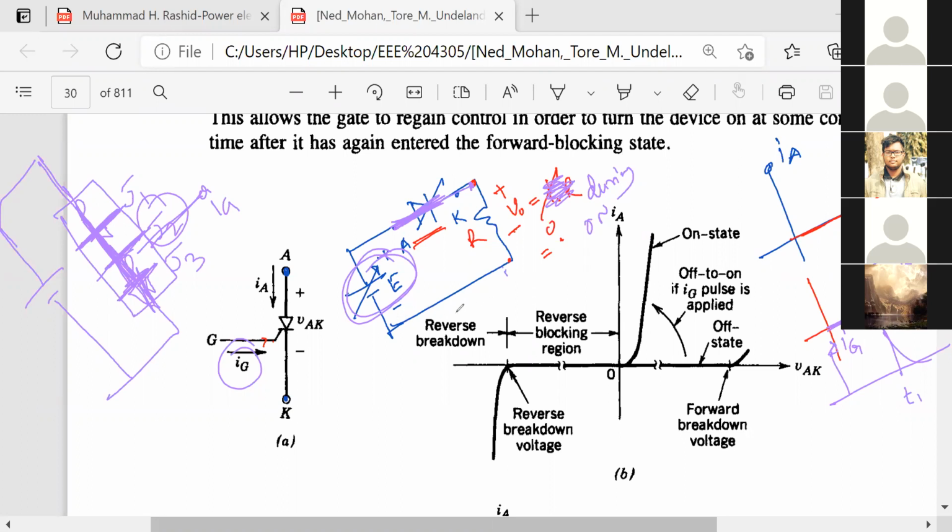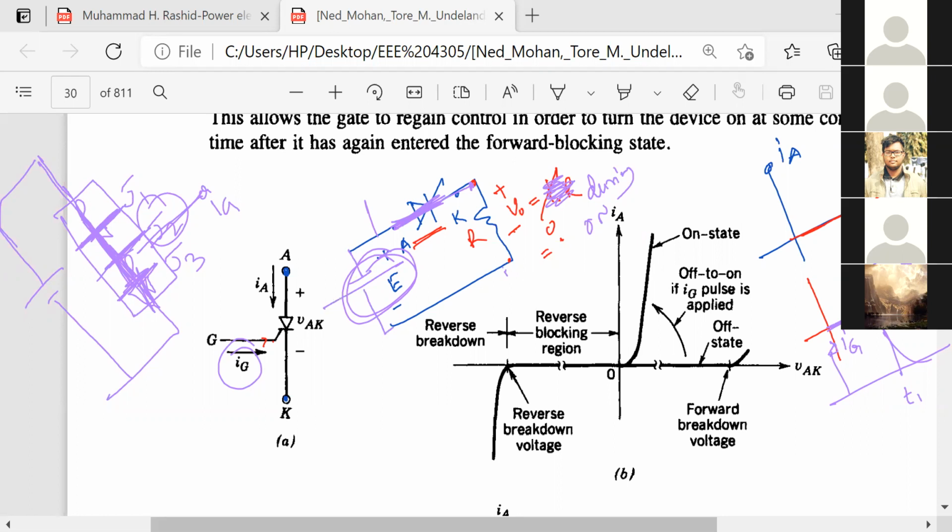So this is, as they told you, by applying the external circuit. Either you have to take out this voltage, or you have to apply reverse bias like this. Then only current will be zero. You got my point? Yes, sir.